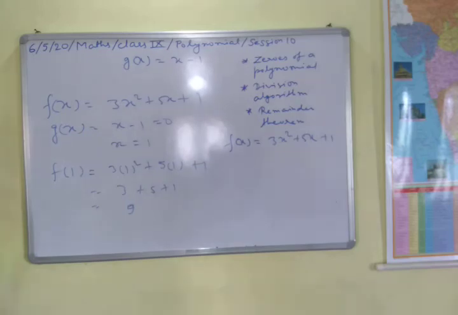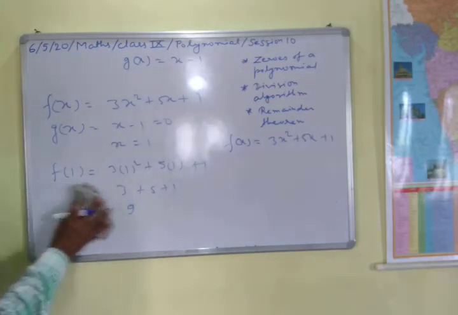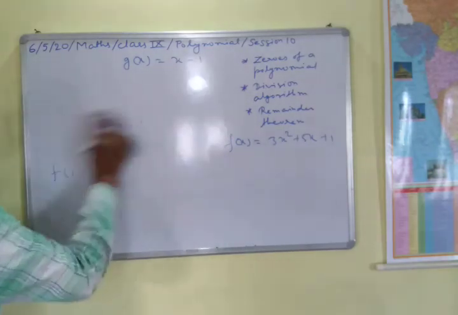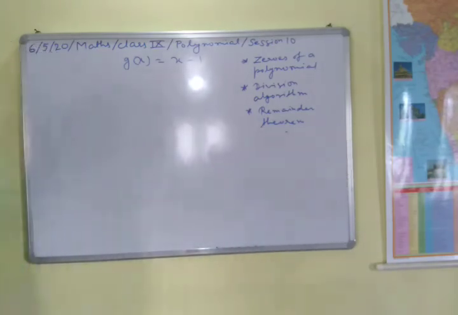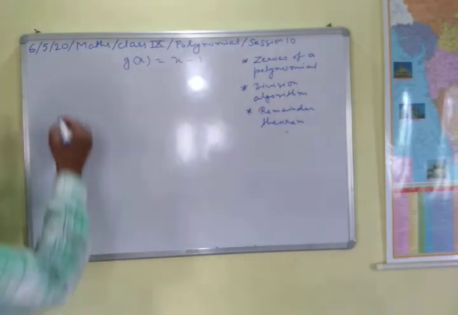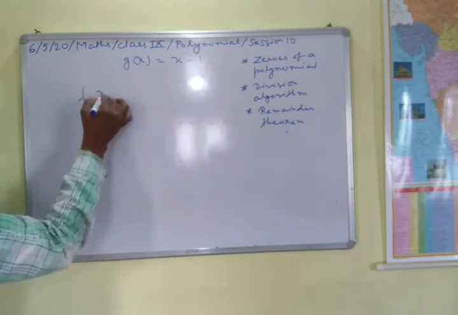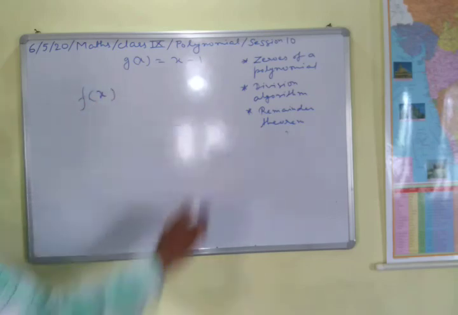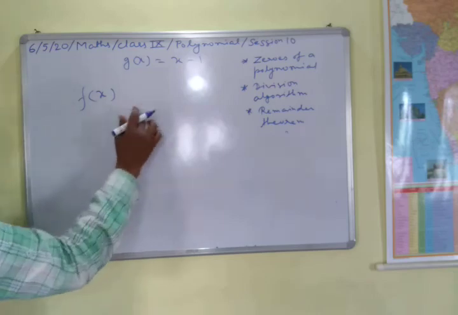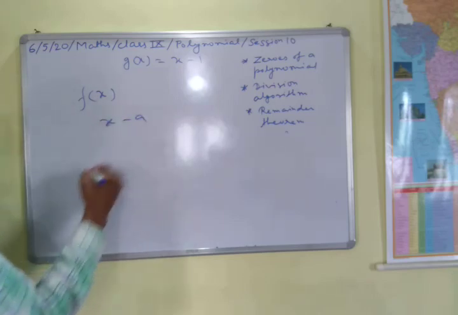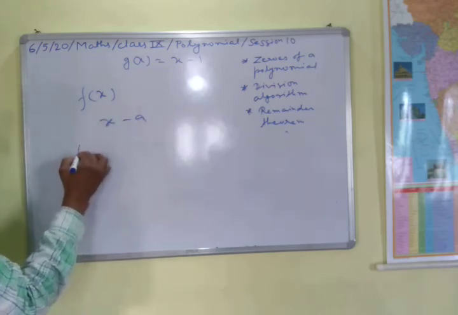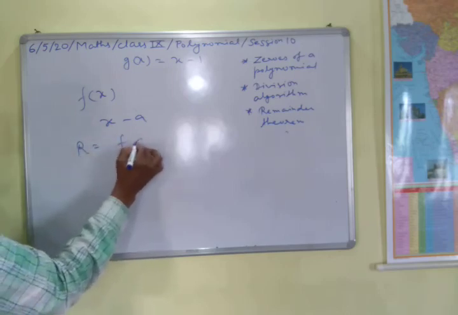So what is the definition in this case? You can see the definition in the book. If you have any polynomial f(x) of x, and if you divide this polynomial by x minus a, then the remainder will be equal to f(a).